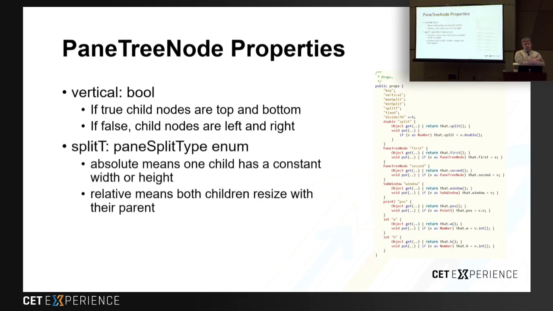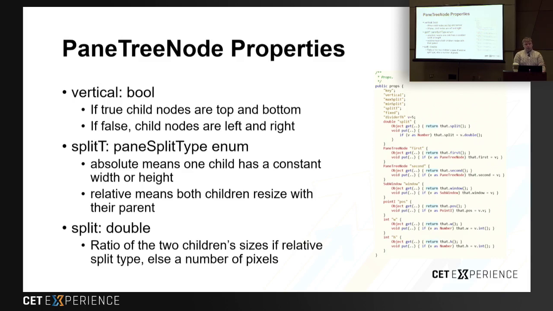The split T is a split type. So I mentioned there's two ways you can split. There's an absolute split, meaning there's a well-defined number of pixels, like this window is this many pixels, and then the other one that splits off of it can resize dynamically. Or there's relative, meaning you define, say, this window takes up 40% of the width, this window takes up 60% of the width, and you can put in any kind of double value you want, and then as you stretch it out, both will dynamically fill that space.